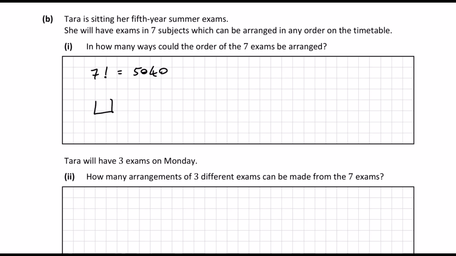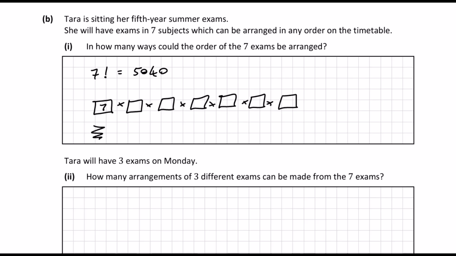Or if you think about it, some people like to do this kind of a box method here. So you just do 7 boxes. We're going to multiply each of these. If you look at the first one here, how many options do you have to go into that particular box? Well, you have 7 exams you can choose, so you have 7 options there.